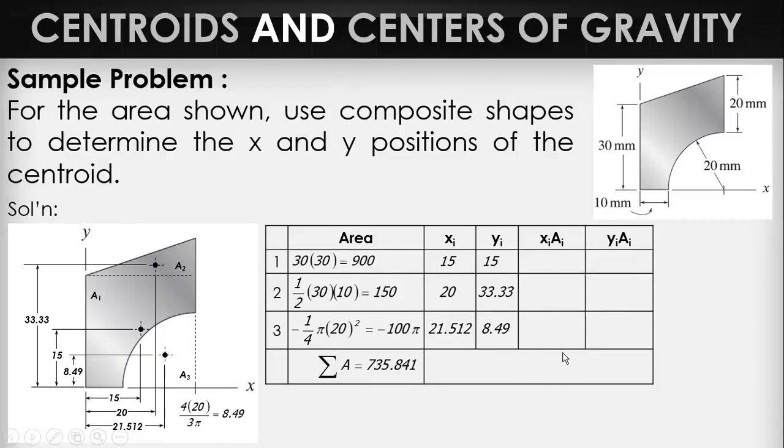So after this, just multiply. Xi times A, yi times A. Also with this, and then element 3. After that, you add. This is the summation of xi ai, and then this one also. So we are now ready to determine the centroidal distances.